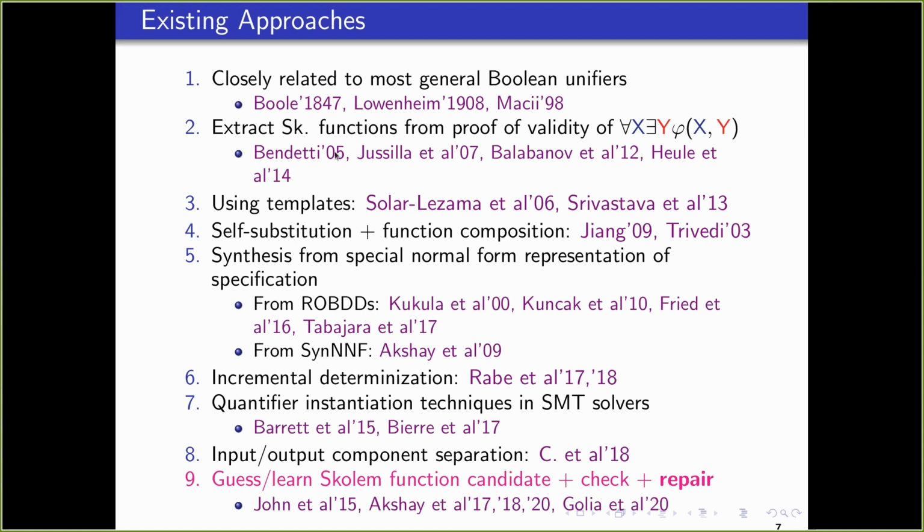Then, of course, if this formula for all x exists y, phi(x, y) is valid, which means for every x I can find a y, then from the proof of validity, the Skolem functions can be extracted. This has been a very successful line of work, but this doesn't work when for every x there does not exist a y. People have used templates, people have used what is called self-substitution and function composition.